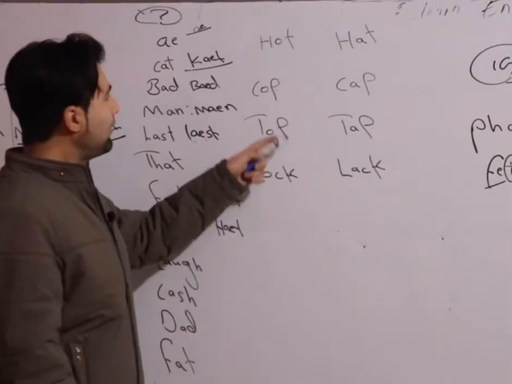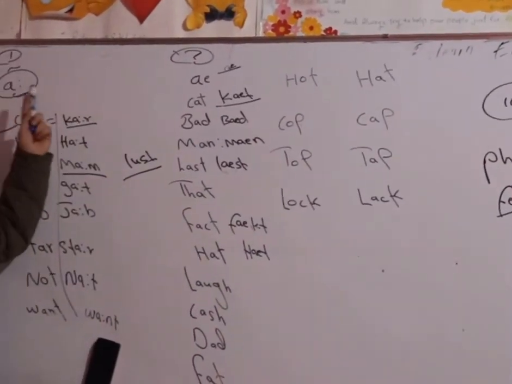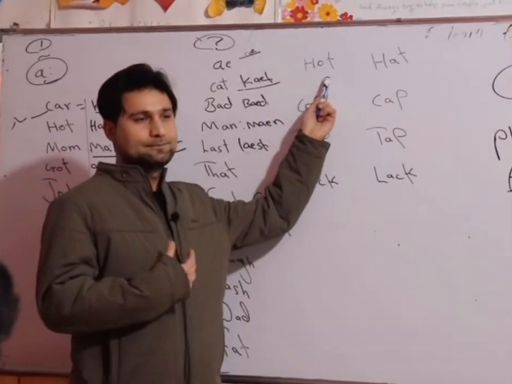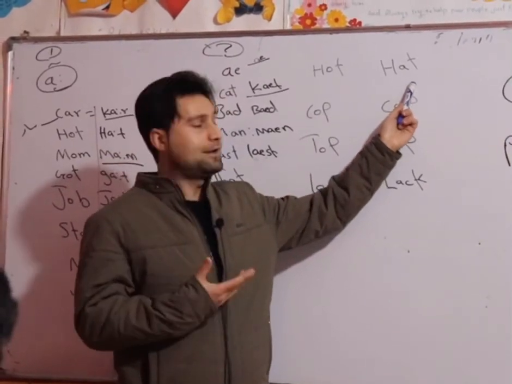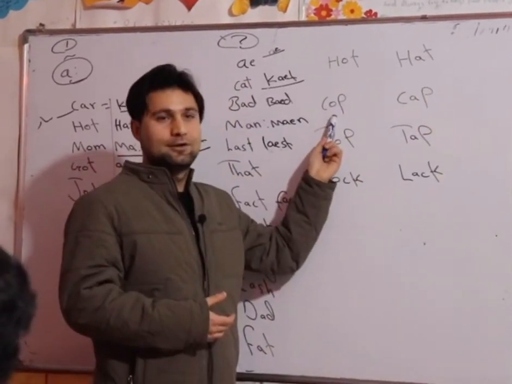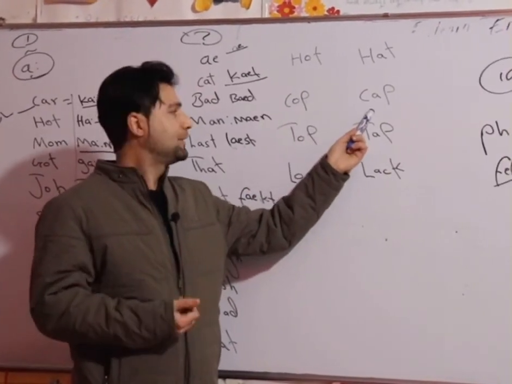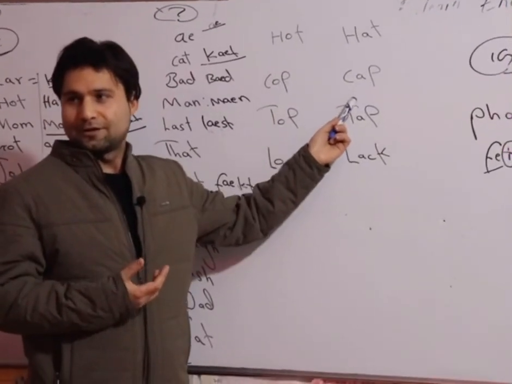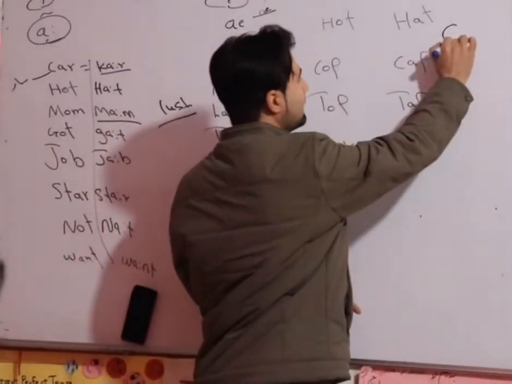Okay. Now let's compare the sound with the sound, okay. So we have what? Hot. We have not hot. Hat. Okay. We have cup. Yes, cup. We have cap. Yes. So what does cap mean? Cap means glass. What about this one? Coffee.